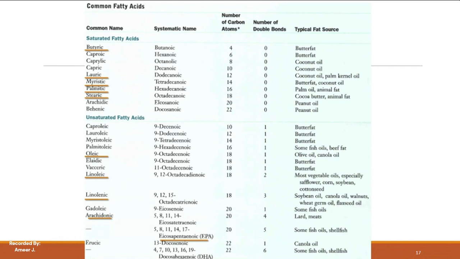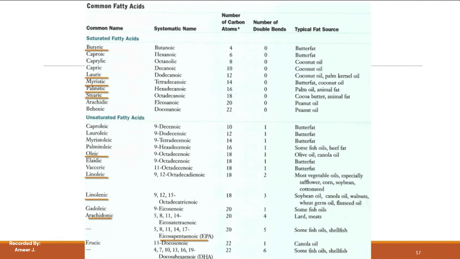It's an omega-6 fatty acid. And after that, linolenic acid, you can see in soybean oil, canola oil, walnuts, wheat germ oil, and flaxseed oil.